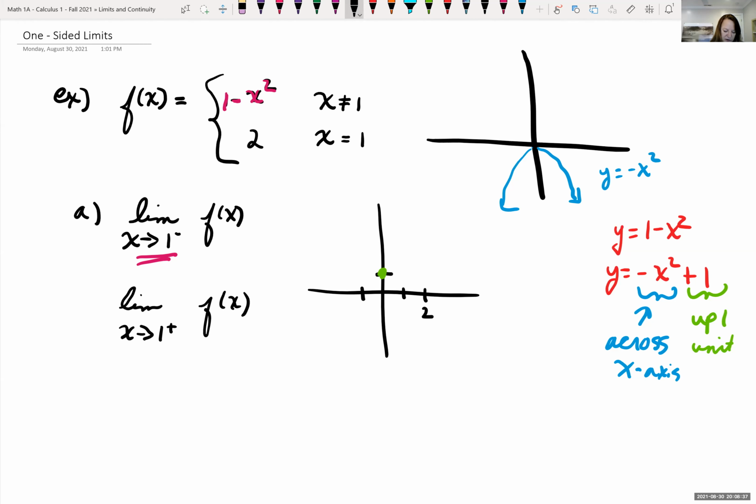And then at 2, let's just be careful. We're going to have an open circle there on our graph. I'm just curious what the value at 2 is. If I plug in 2, wherever I saw an x, I'd have 1 minus 2 squared, or 1 minus 4. So I'd have a point at 2, negative 3. At 2, negative 3, I'm going to have an open circle.